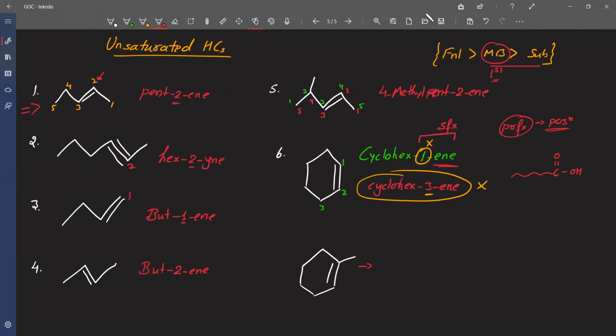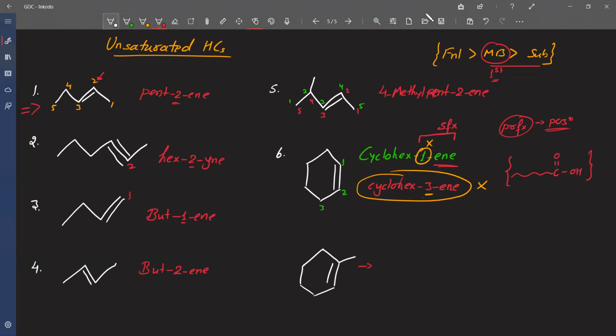So we never write pent-1-carboxylic acid or pent-1-oic acid. It is similar to that. If it is the only double bond, its position is fixed, that it will be position 1. So 1-methylcyclohexene.